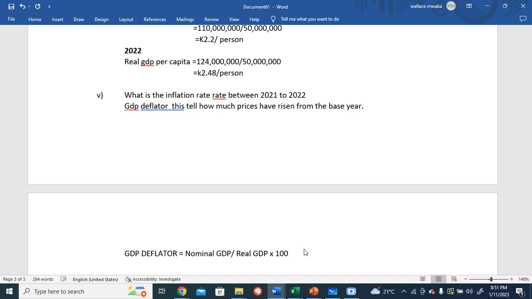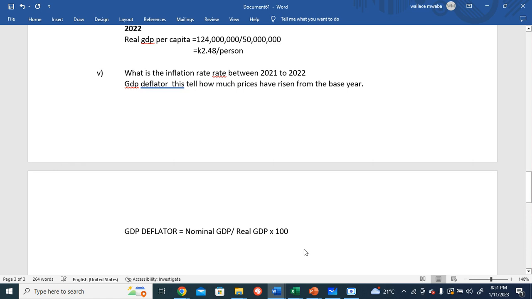This 100 is not converting it into percentages, but into base numbers. I'm going to show you how the base numbers work.